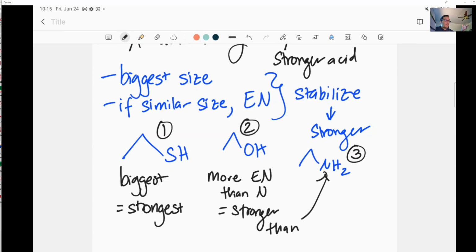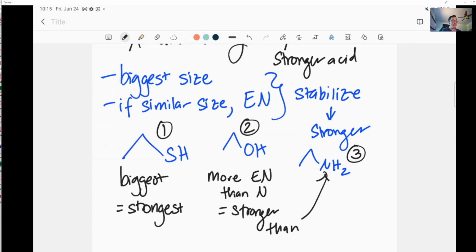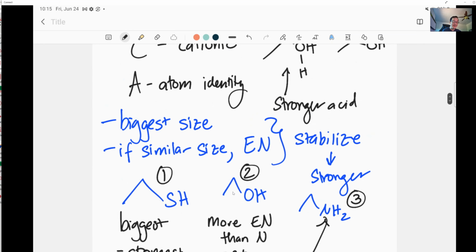First came down to size, then it came down to electronegativity when things are within the same period. So resonance is our next one, and again, these are all the things you should look at before induction. So always look at these things first, and then only if things are identical in terms of atom identity and resonance, that's when we look at induction.